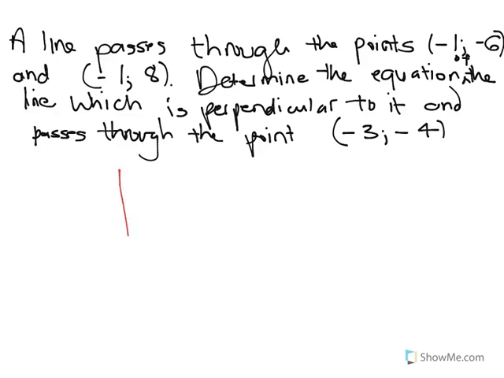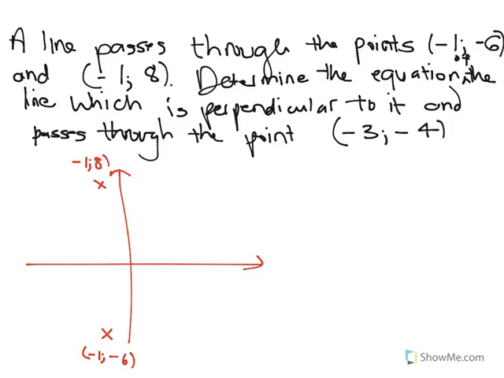So again, sketches. So we have our first line, which passes through -1, -6, and -1, 8. Okay, and then we're asked to determine the equation of the line which is perpendicular to it and passes through -3, -4.